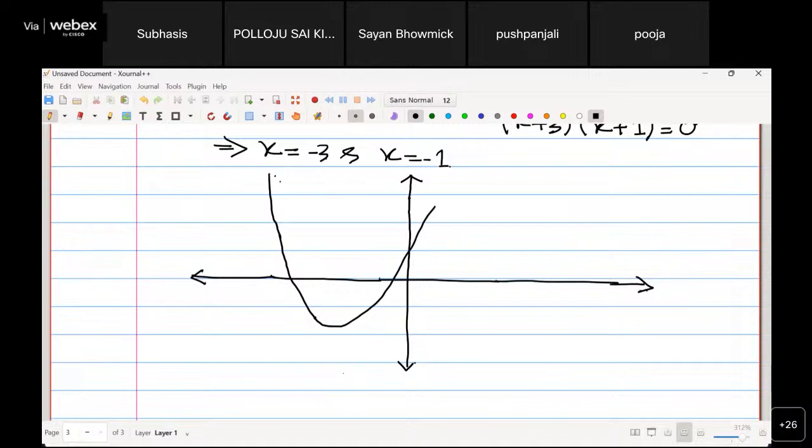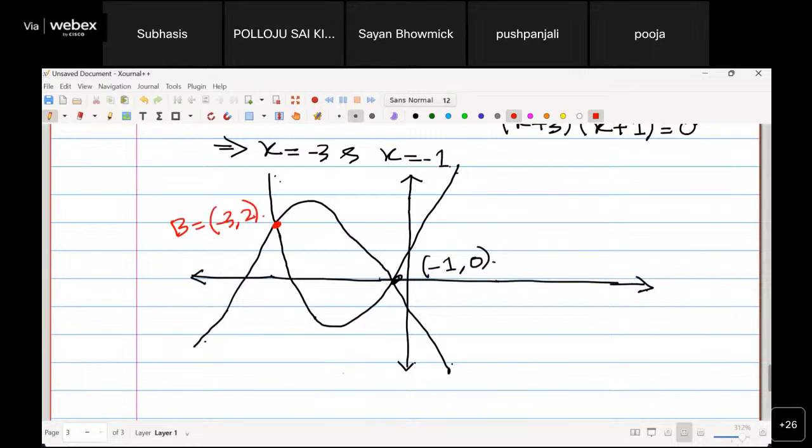It just goes like this. Then you have another one, like this. So this point is basically minus 1, 0, and this point is minus 3 comma 2.